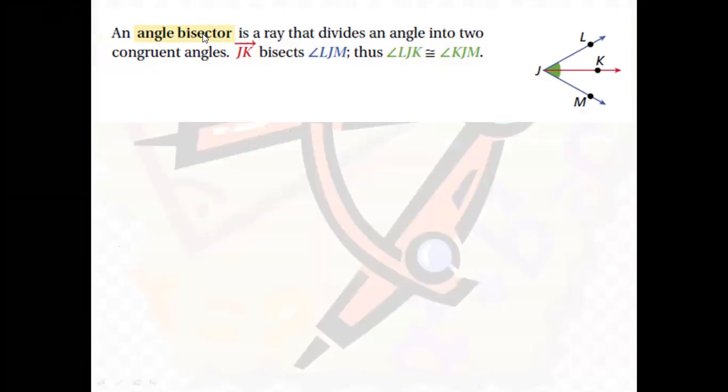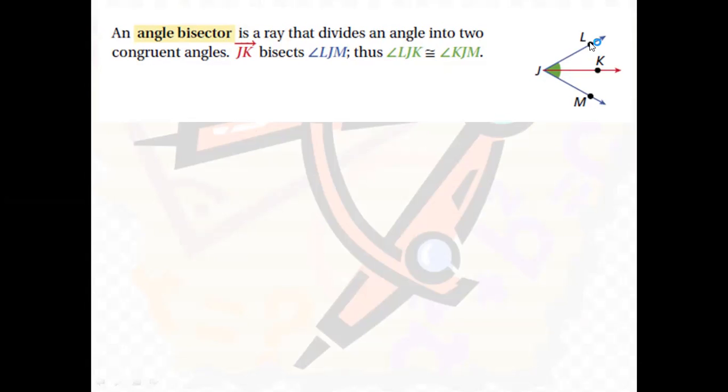So an angle bisector is a ray that divides an angle into two congruent angles. Now this word congruent means equal. So if you have the book, you can simply underline and write down the meaning so that when you're revising, you will have an idea what the words are about. So an angle bisector is a ray that divides an angle into two congruent angles. Congruent means equal. So what is that?